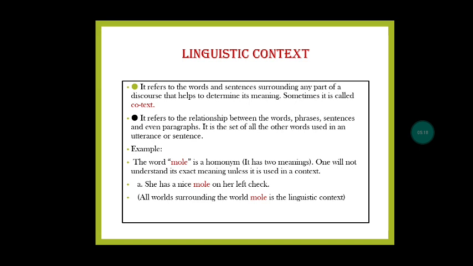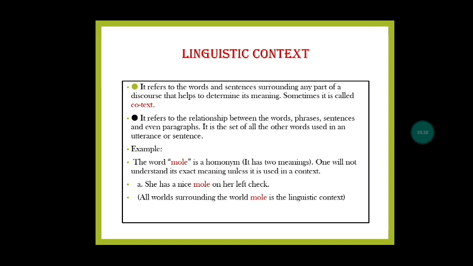The word mole is a homonym which has two meanings: either a small animal or a skin mark. So it will not be understood unless it is used in linguistic context.